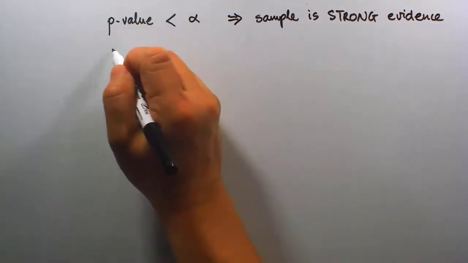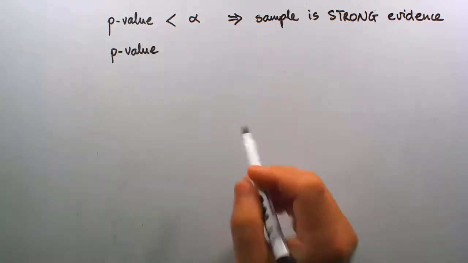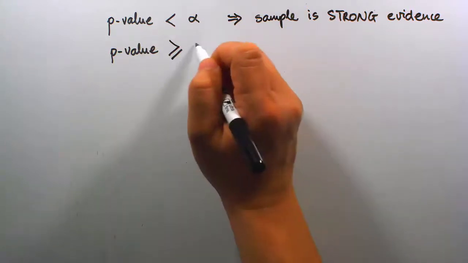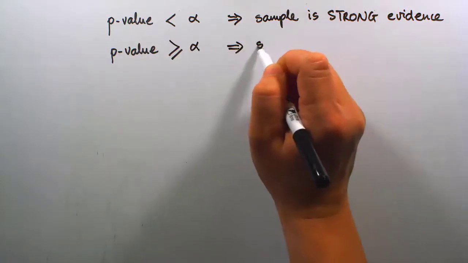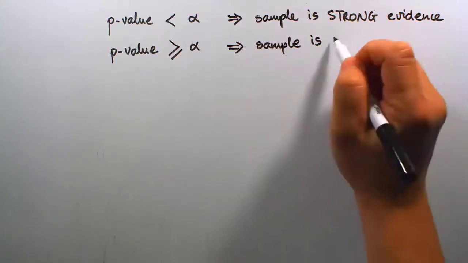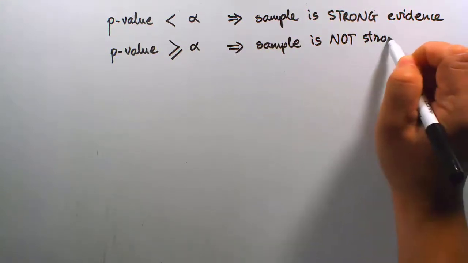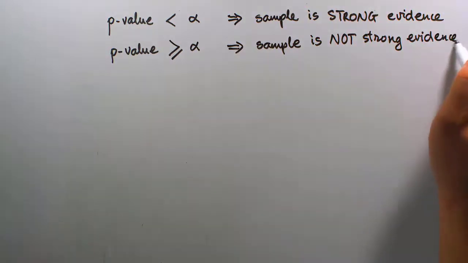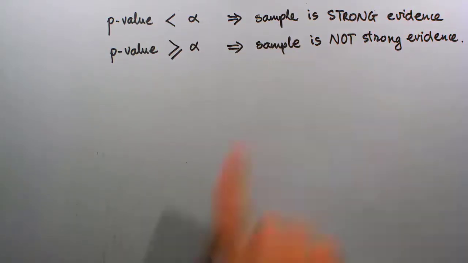And otherwise, anytime that our calculated p-value is greater than or even sometimes equal to the significance level alpha, that means our sample is not strong evidence.